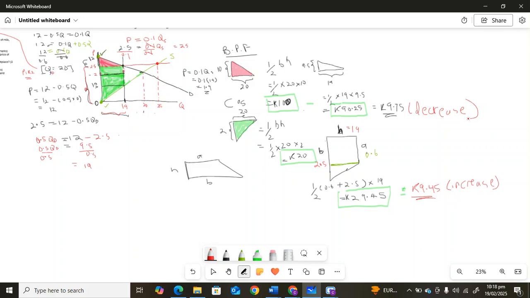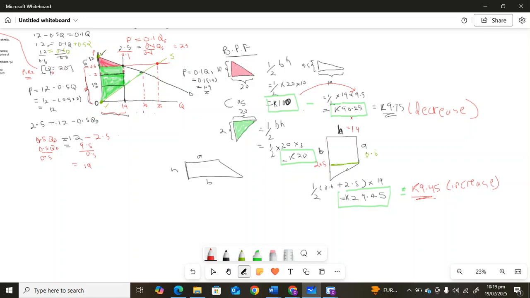That was the consumer surplus. Then after the price floor was enacted, it reduced to 90.25, showing that the benefit of the consumers has reduced due to this price floor.